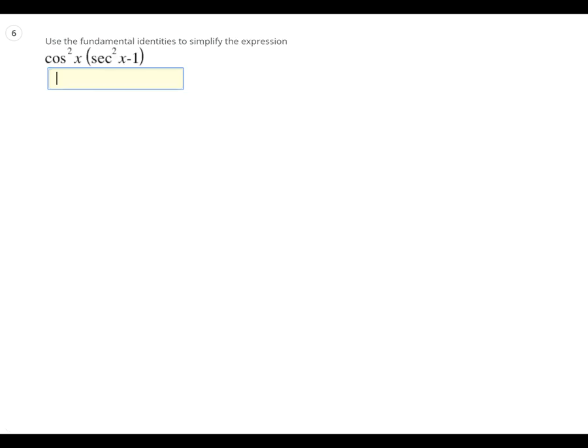Okay, 6. We're going to use the fundamental identities to simplify. I'm seeing squares and a 1. What do I check? The Pythagorean identities. So what am I allowed to substitute in for secant squared minus 1? Tangent squared x. Am I done?